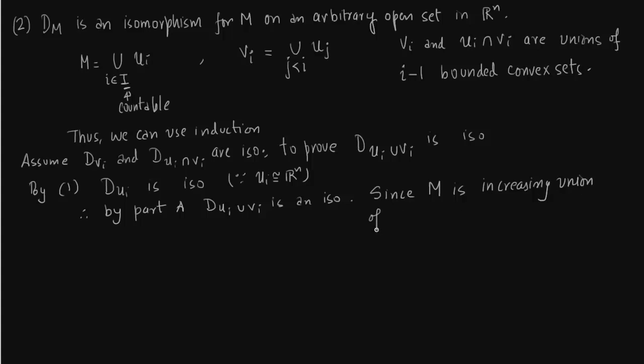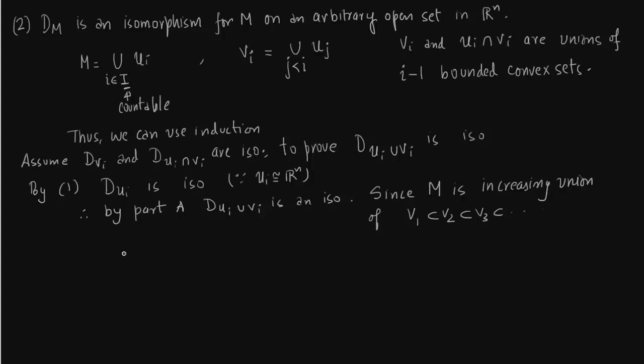This kind of proof should remind you of something we do for lim sup and lim in analysis. We keep taking unions that form these increasing sequences. Now you use part B and say dM is an isomorphism because each dVi is.